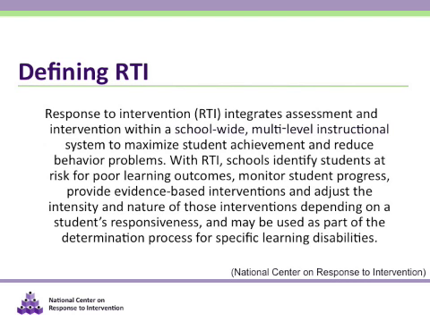It is not merely the delivery of interventions, but that there is a multi-level prevention system in which students have access to increasingly intense levels of instruction and interventions. The last component involves the use of data to adjust the intensity and nature of those interventions based on student responsiveness. In other words, there is an explicit, systematic process for data-based decision-making.